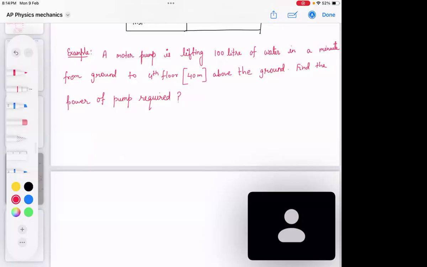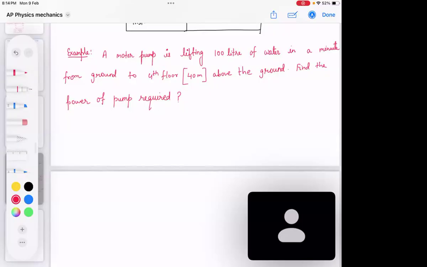So try this question and tell me what answer is coming. How do we calculate the power of the pump required here? Here the pump will be doing the work, isn't it? The pump is doing the work in lifting the water.